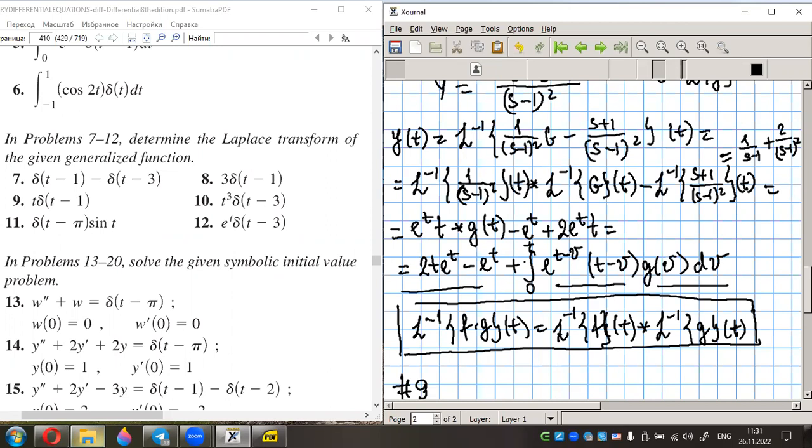Yes. Here we use a formula. Again, if you want, I can write the formula. Just a minute. I found it. Here I use the formula: f times g of t equals the integral from 0 to t of f(t minus v) g(v) dv.